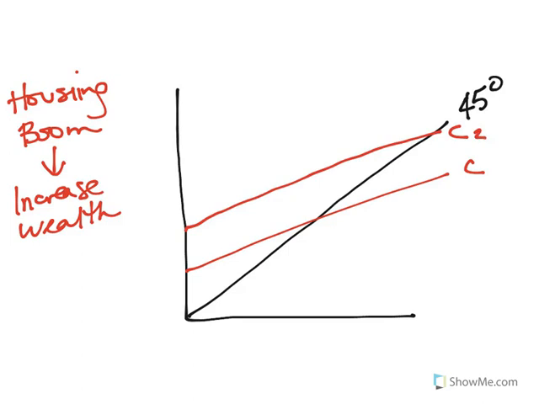And so this right here is what we would have seen initially. In other words, here was the initial level of autonomous consumption. And then the housing boom causes an increase in average household wealth, so it causes autonomous consumption to increase like so. But then we see that the housing market collapses.